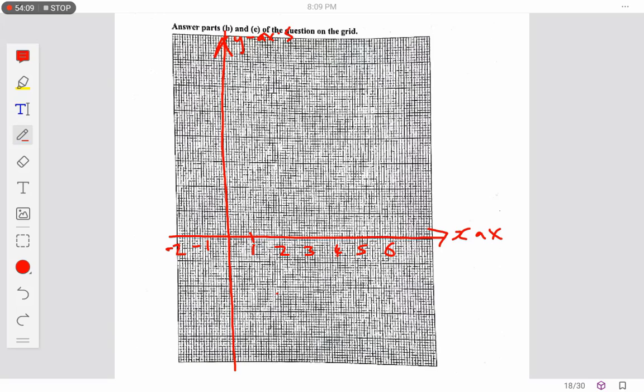Let me just mark the points. They are not very clear when I've reduced the size there. Then for my y, they are moving like we said, minus 2 here, minus 4, going down to minus 6. Then 2, 4, 6, 8, 10, we go up to 12 there. So this is the x-axis and y-axis there.